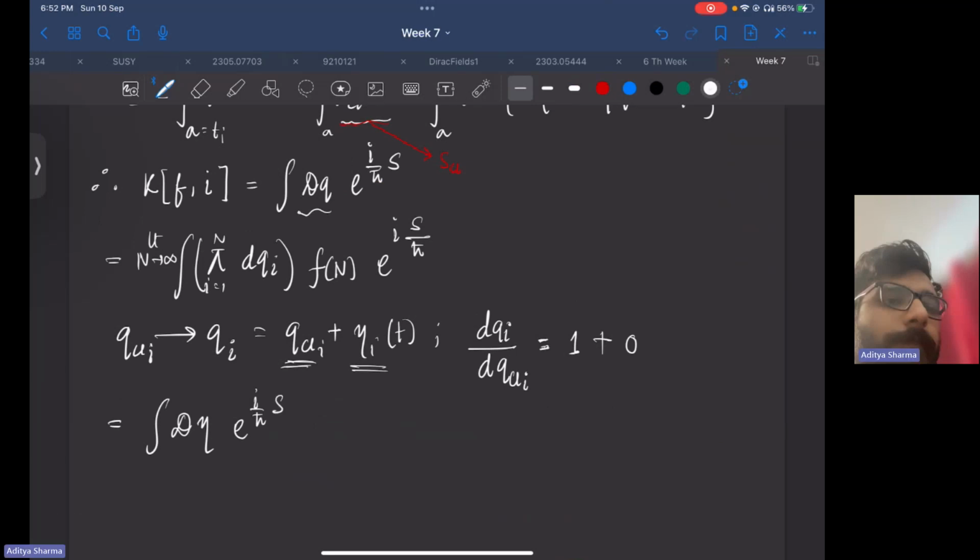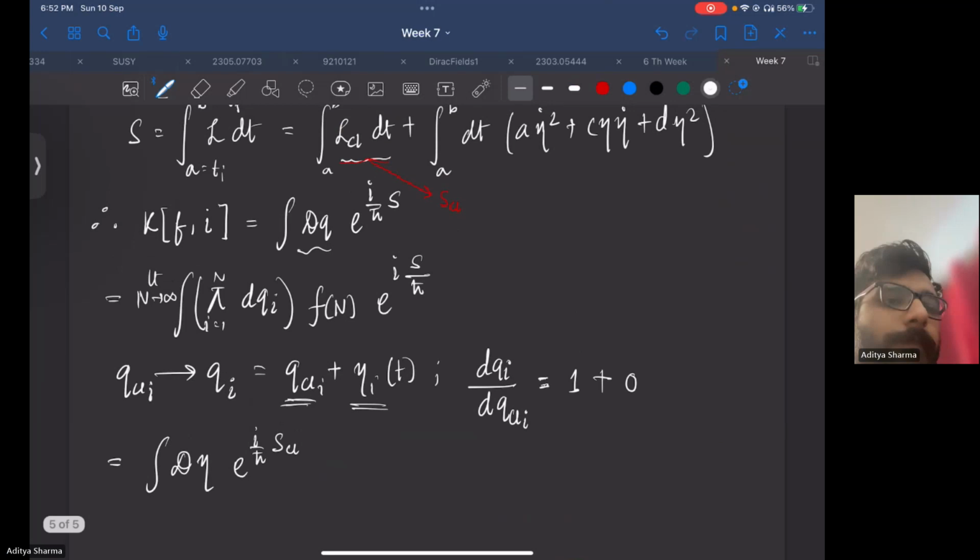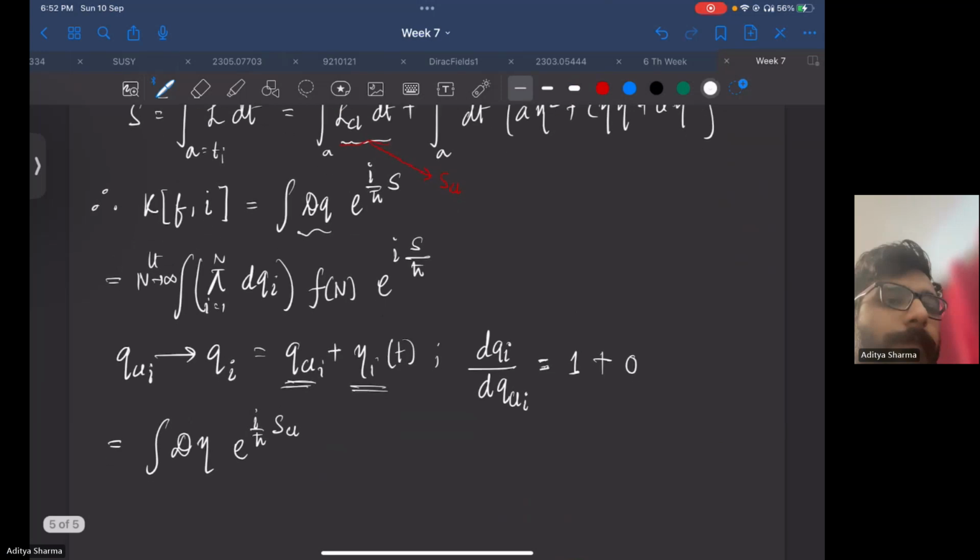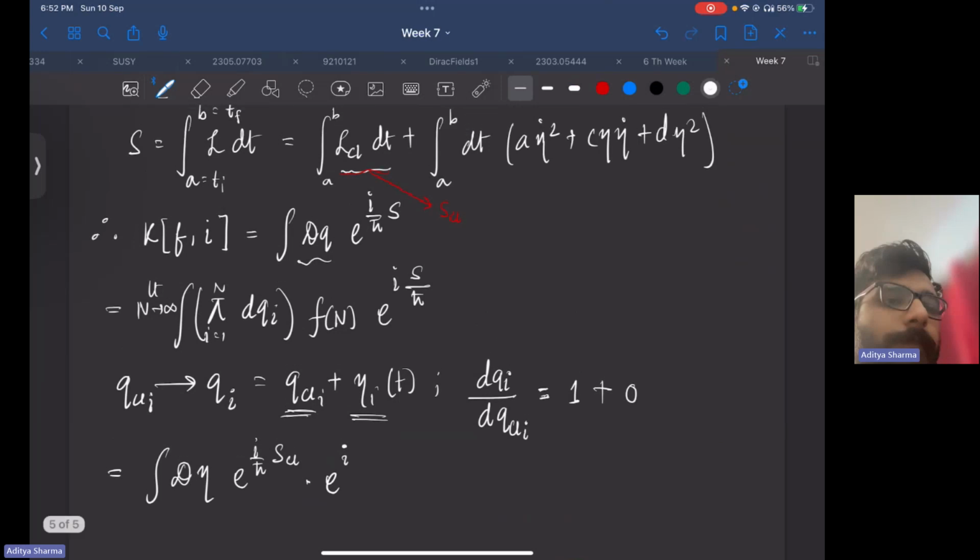So S classical times e to the power i/ħ times the integral from A to B of the η squared plus C η dot terms.